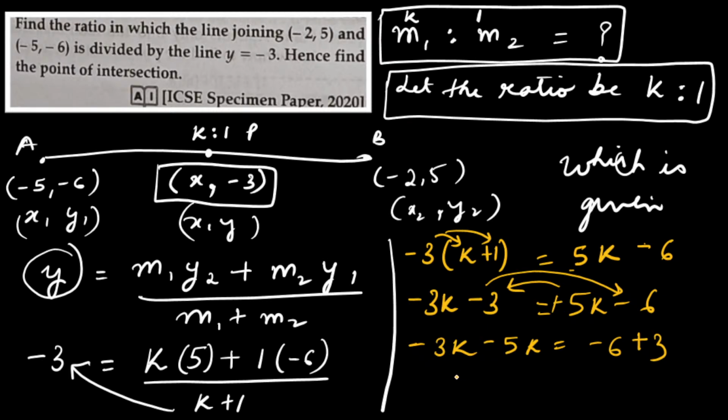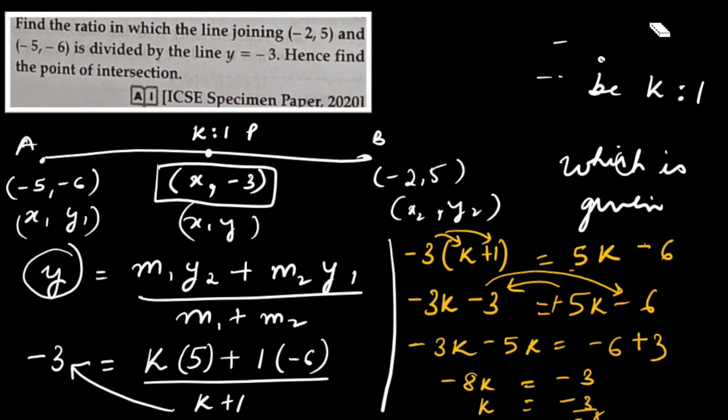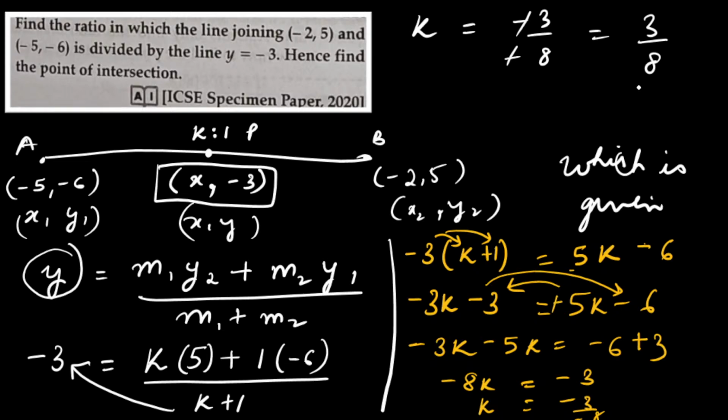So 5 plus 3 is 8, giving -8k equals -6 plus 3, which is -3. Now let's shift -8 to the other side, so it becomes -3 divided by -8. The minus signs cancel, so k is equal to 3 by 8.